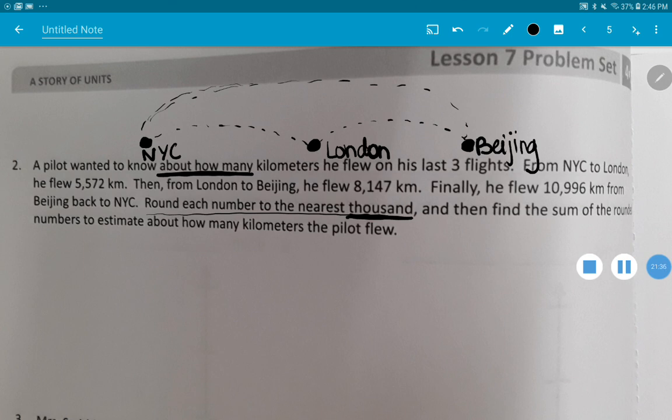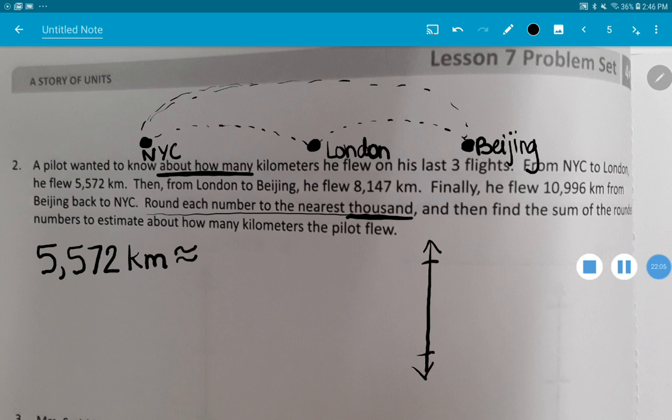So his first flight from New York City to London was 5,572 kilometers. If I round that to the nearest 1,000, I'm going to draw my vertical number line. How many thousands are there in that number? 5,000.